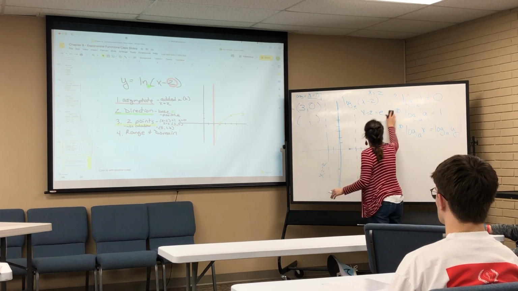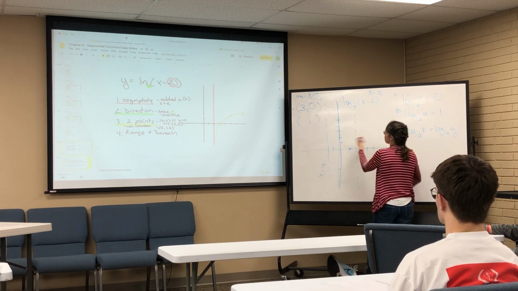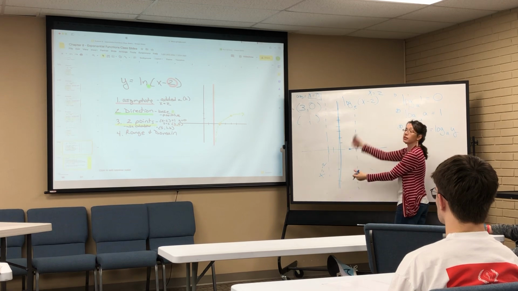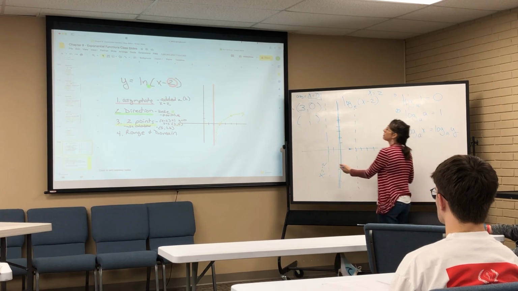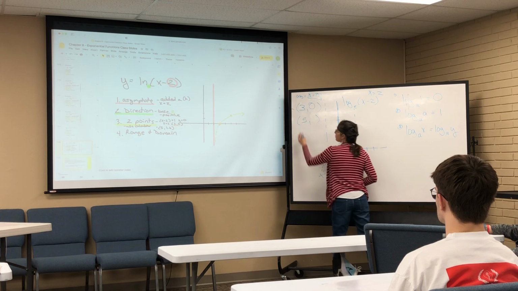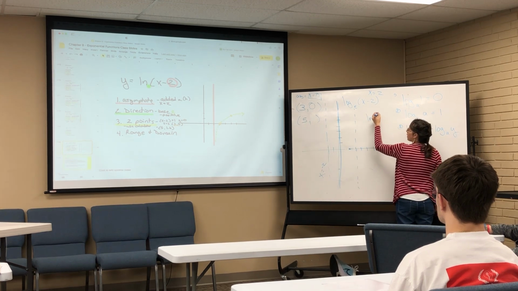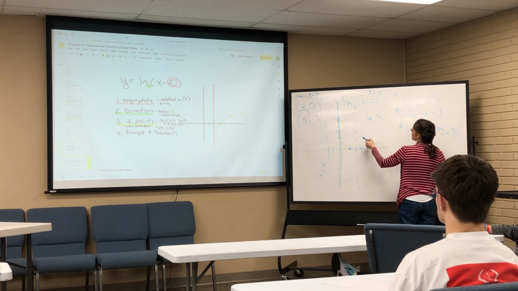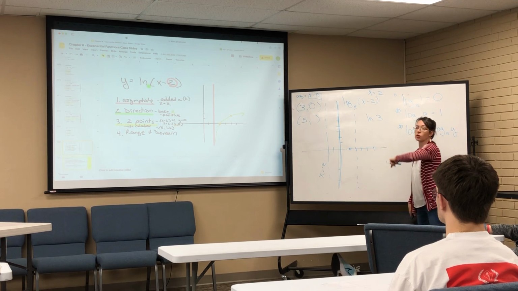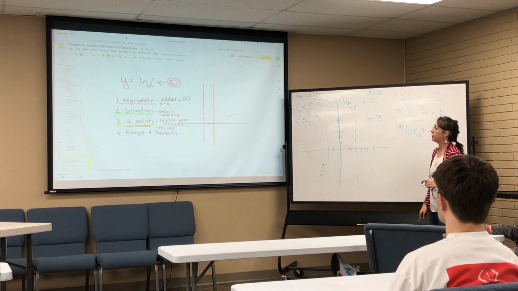So in that case, we might just pick something bigger. We know it's growth, so it's got to keep coming this way. So I just picked 5 in my case, so now I had the natural log of 3. We put 3 into our calculator and hit the ln button, and it gives us 1.1.